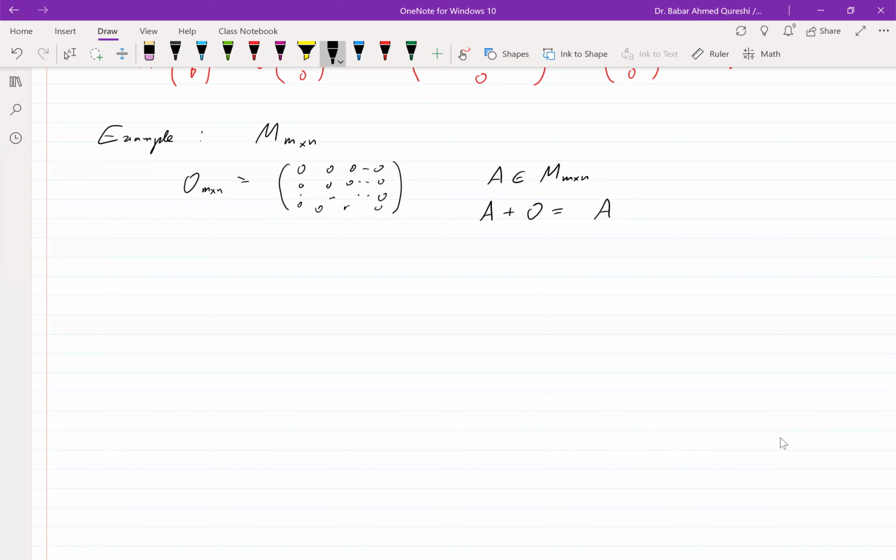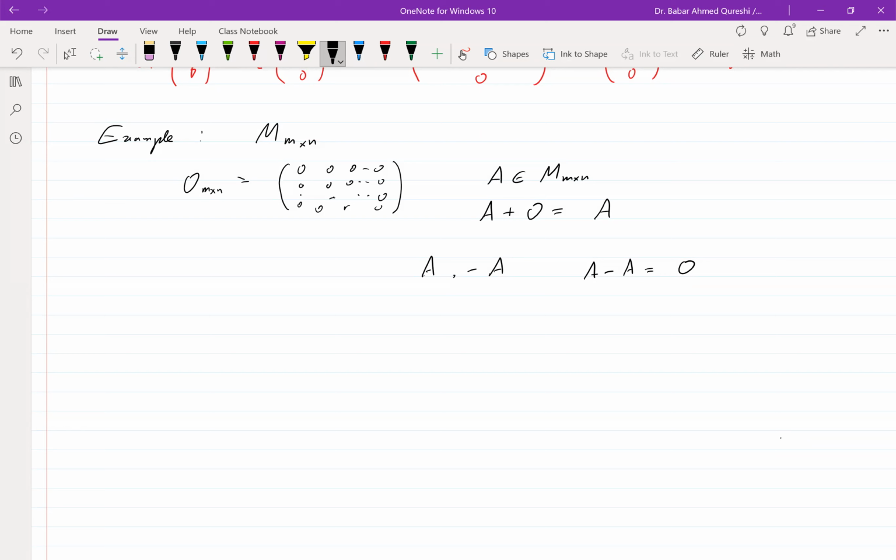And for any A, I can define minus A, just multiplying minus to every element of this A. And I know that when I add these two matrices, I get the zero matrix.